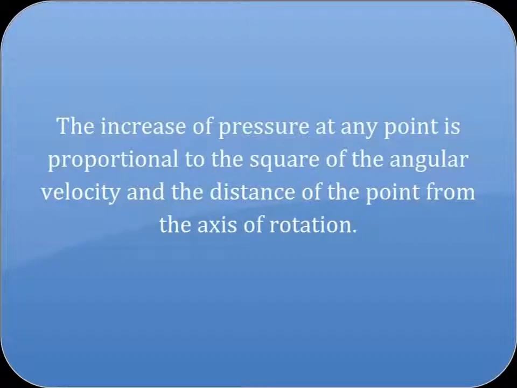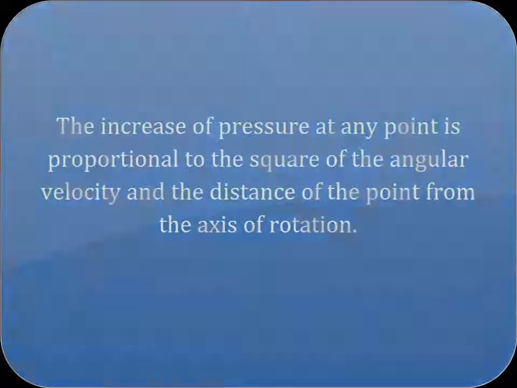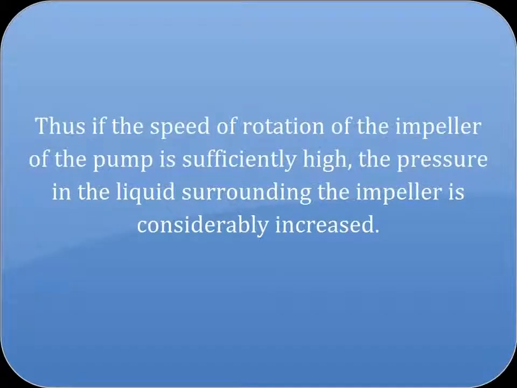The increase of pressure at any point is proportional to the square of the angular velocity and the distance of the point from the axis of rotation. Thus, if the speed of rotation of the impeller of the pump is sufficiently high, the pressure in the liquid surrounding the impeller is considerably increased.